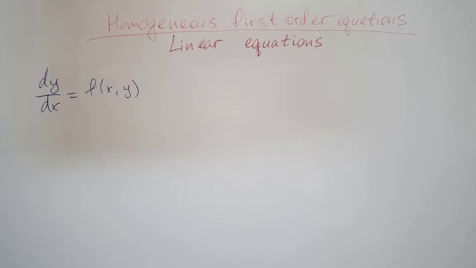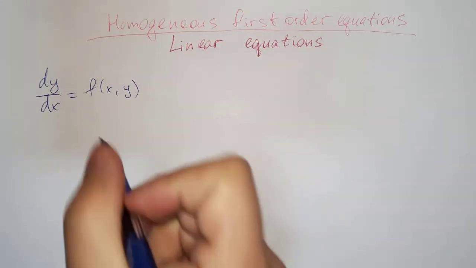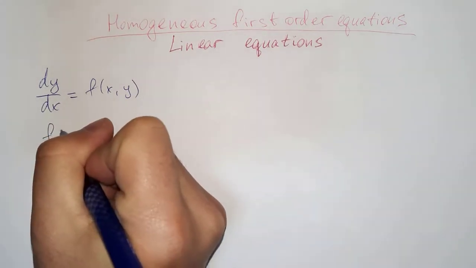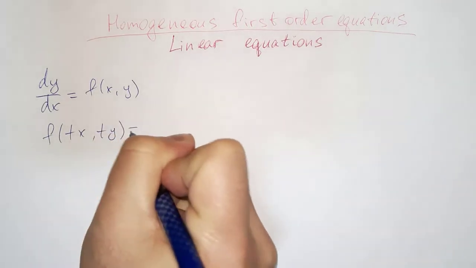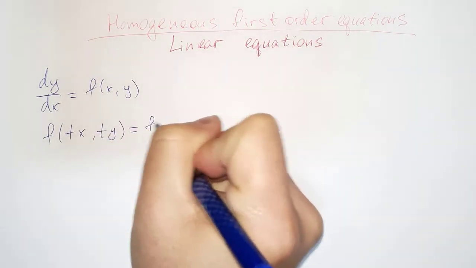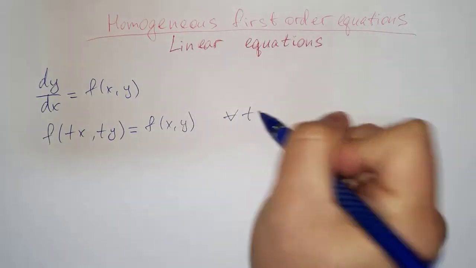It's called a homogeneous equation if the right side of this equation satisfies the condition f of t times x, t times y equals f of x and y, for all t.